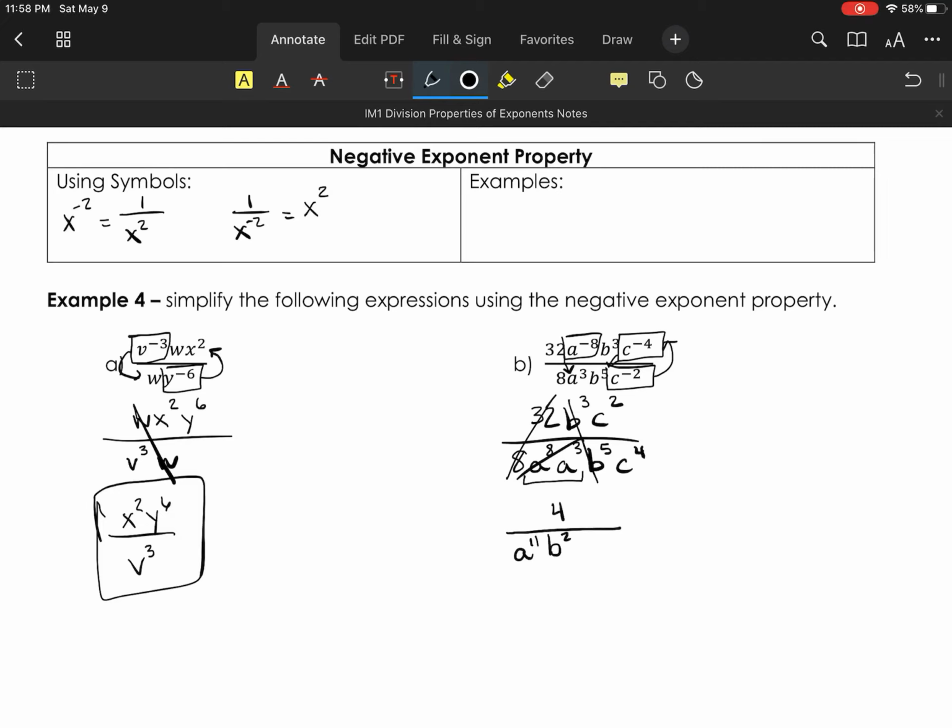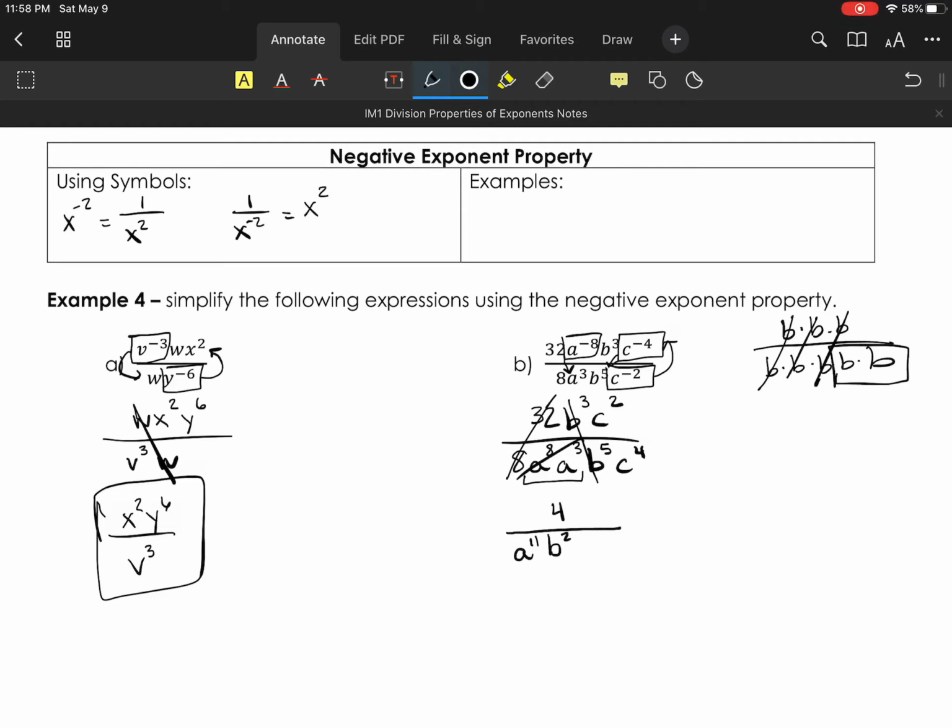Since b to the 5th is in the denominator, that's the bigger number, I'm going to put b squared in the denominator. You can also think of it like this: b times b times b, that's b to the 3rd, over b times b times b times b times b. 3 of those cancel out, and I'm left with 2 b's in the bottom, which is the same thing as b squared. That's just a way to think about it.